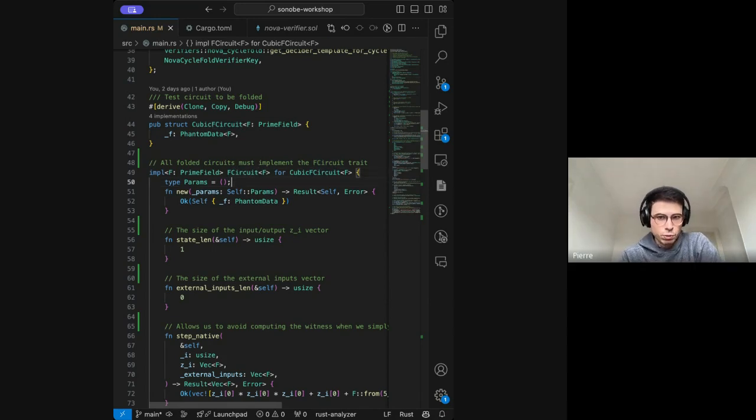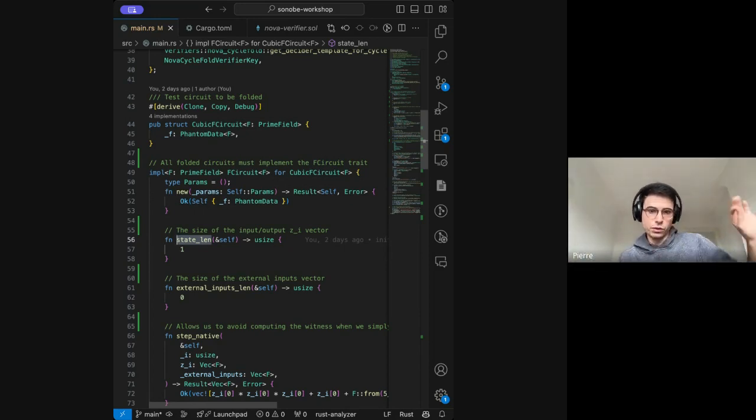So this F circuit will need to implement the trait, which means a new method. So relatively easy to understand. It will also need to say what the length of the state will be. The state, what we call state, is the Z0 and the Zi values.